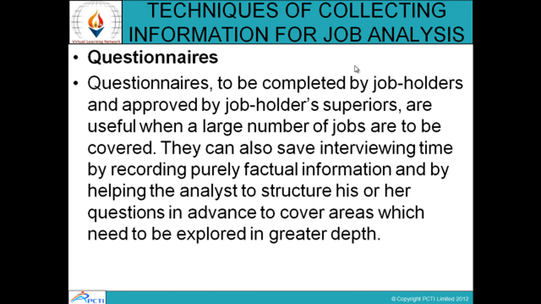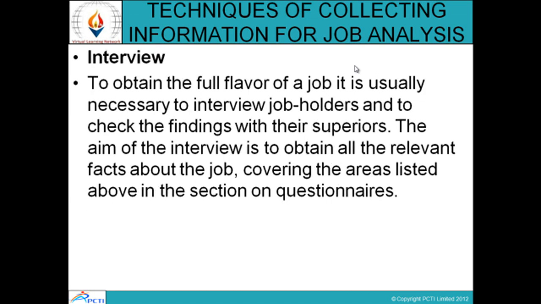It can also save interviewing time by recording purely factual information, facts and figures, and by helping the analyst structure his or her questions in advance and ask according to those questions. So it is basically about getting in-depth knowledge about the various factors and an in-depth understanding of the concept.